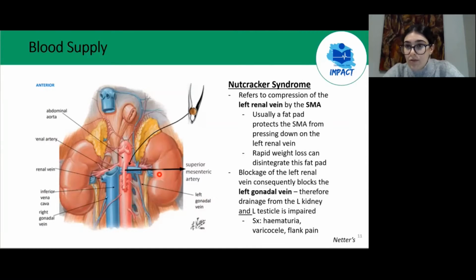So by blocking the left renal vein, we're also blocking that left gonadal vein as well. That means the drainage from the left testicle is also impaired. As a result, people who have nutcracker syndrome can have a varicocele. And if you look that up on Google, it looks like a bag of worms almost, which is an indicative sign that the venous drainage to the testicle is impaired.